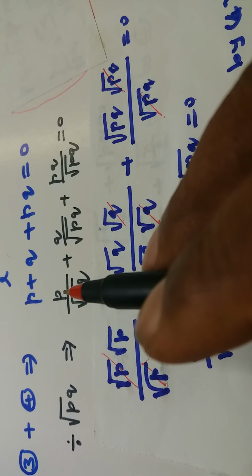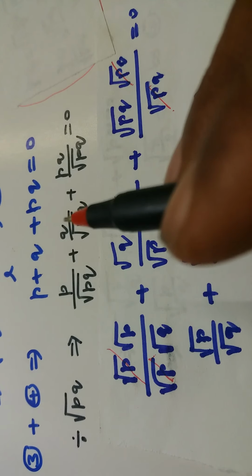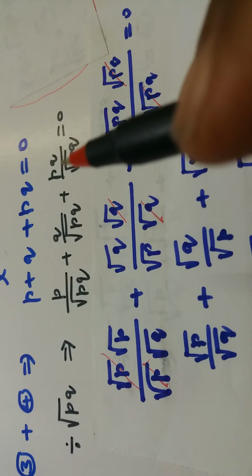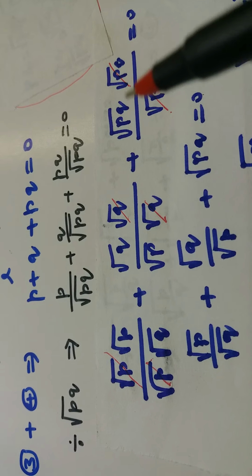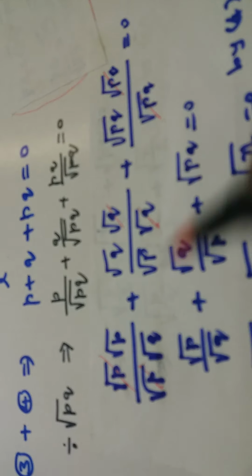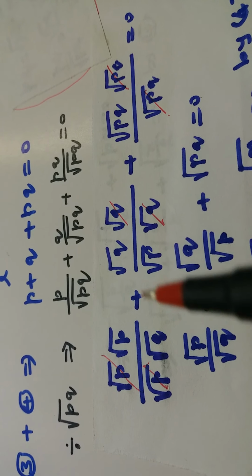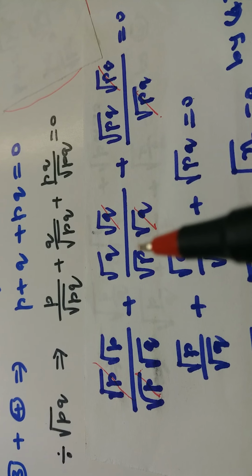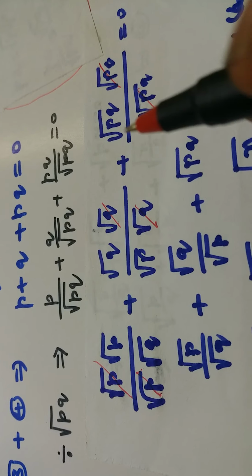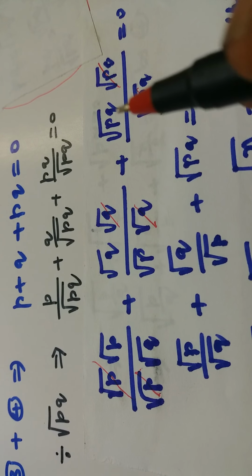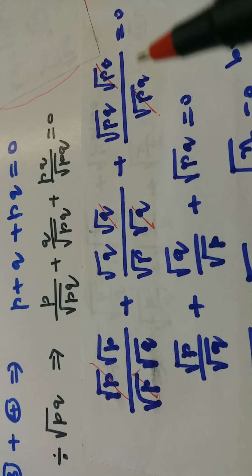Now you have to write P in the form of root P into root P, Q in the form of root Q into root Q, PQ in the form of root of PQ into root of PQ. So you have to write it in the form root P into root P by root P into root Q plus root Q into root Q by root P into root Q plus square root of PQ into square root of PQ by square root of PQ.